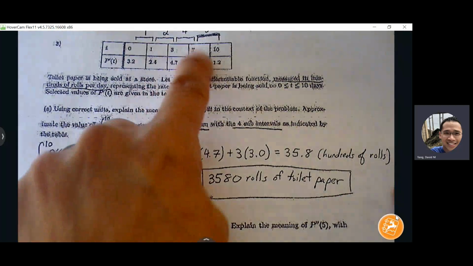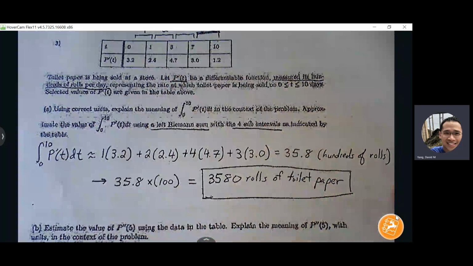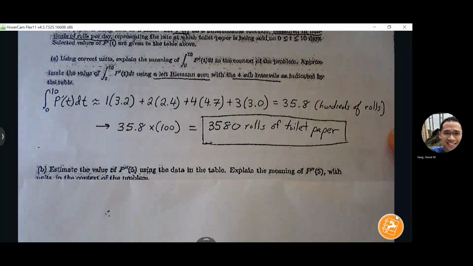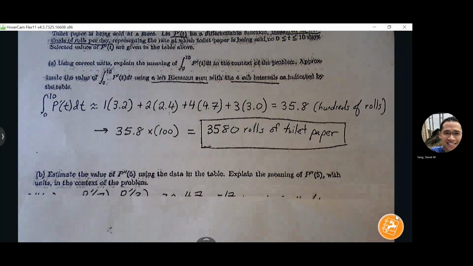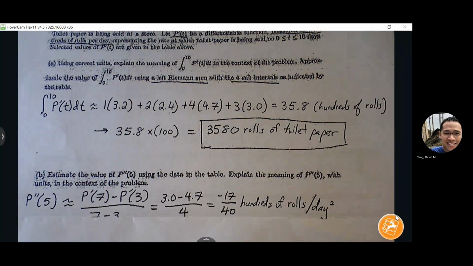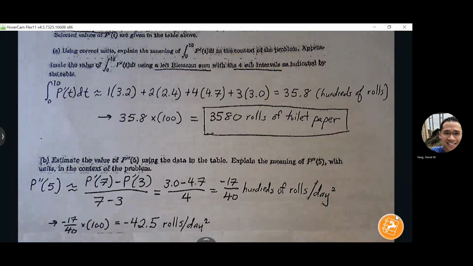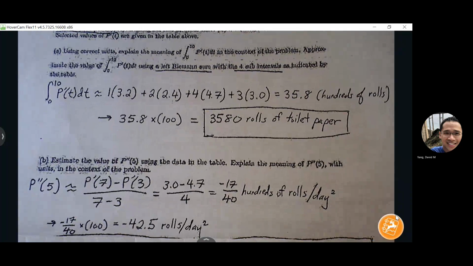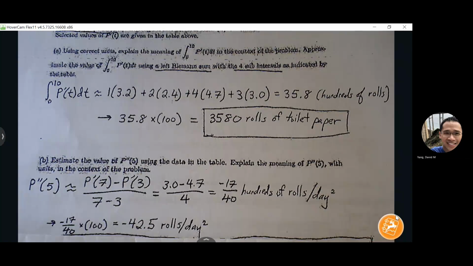So we take the closest ordered pairs, change in P prime over change in T. Now, this is still in terms of hundreds of rolls.